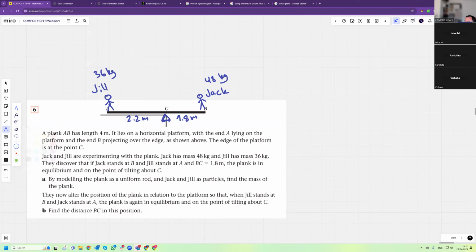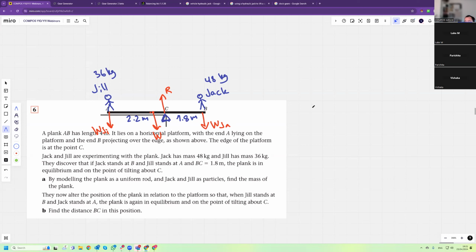There is a normal reaction from the edge, yes. So what's a fourth force? The weight of the plank, of course. The center of the plank is where the weight of the plank acts. So there's the weight of Jack, the weight of Jill.